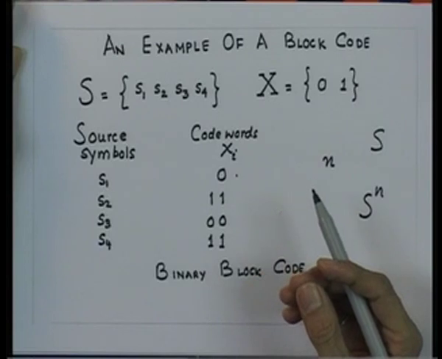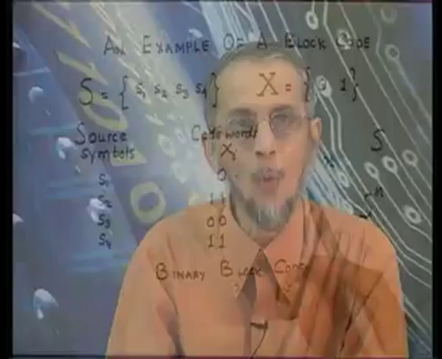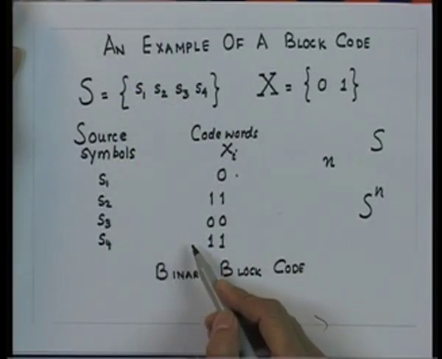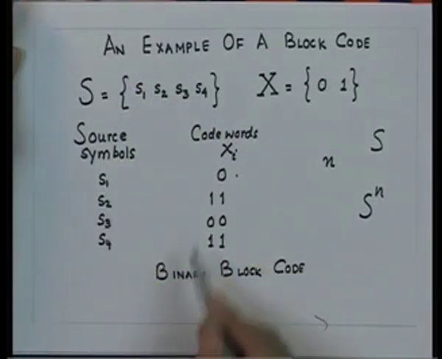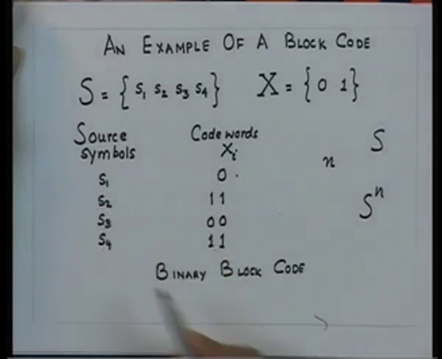So even if I consider messages of length 1, that means messages consisting of source symbols of length 1, and when I receive the code symbols 1 1, there will be ambiguity for me to decode the value of the source symbol. 1 1 could correspond either to S2 or it could correspond to S4.